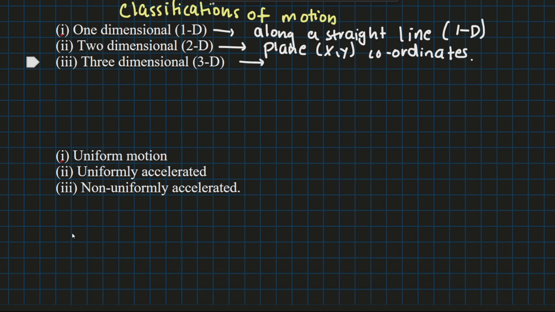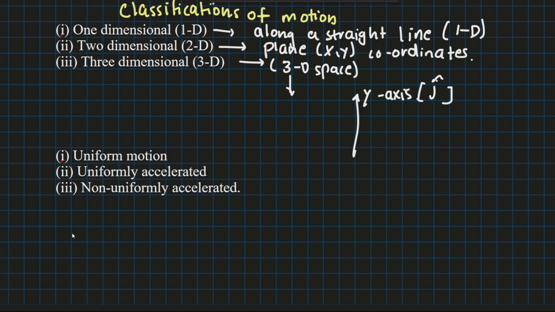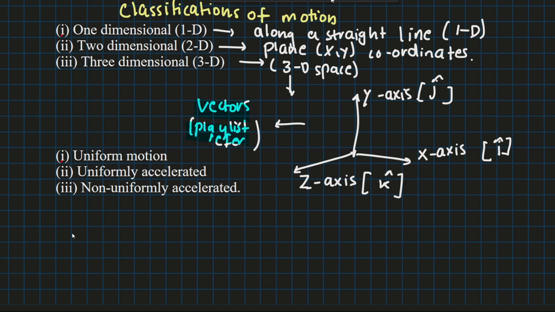While in 3 dimensions, it moves through 3D space. In 3D, we know that this is the y-axis, also known as j cap, this is the x-axis, also known as i cap, and this is the z-axis, which is also known as k cap.